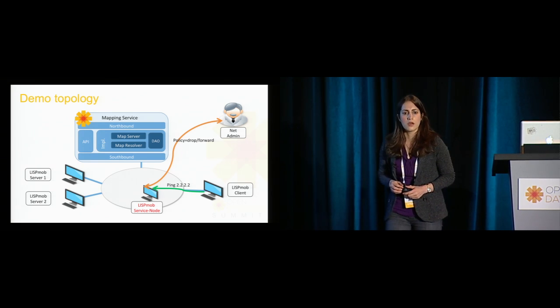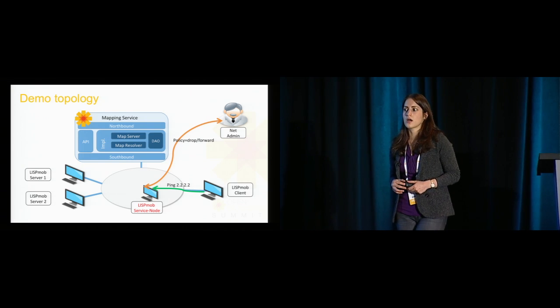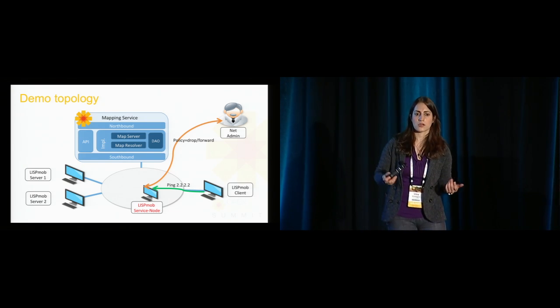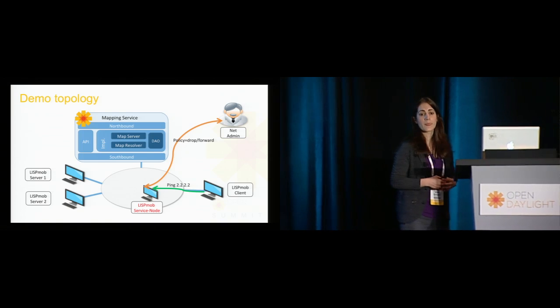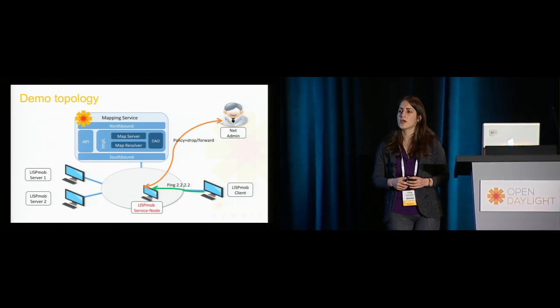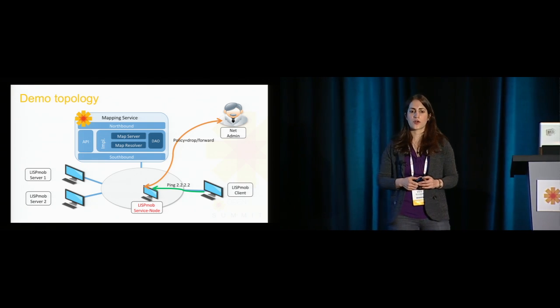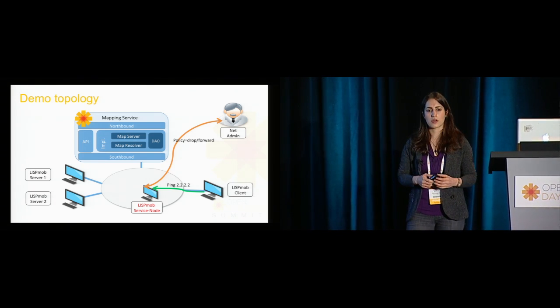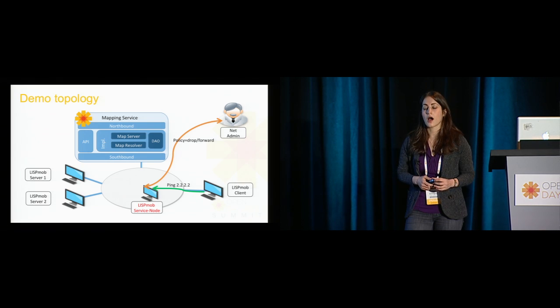So return path, the packets don't come to the service in the demo directly, but you can configure that. What if the service node actually transforms the packet? It's a NAT service.